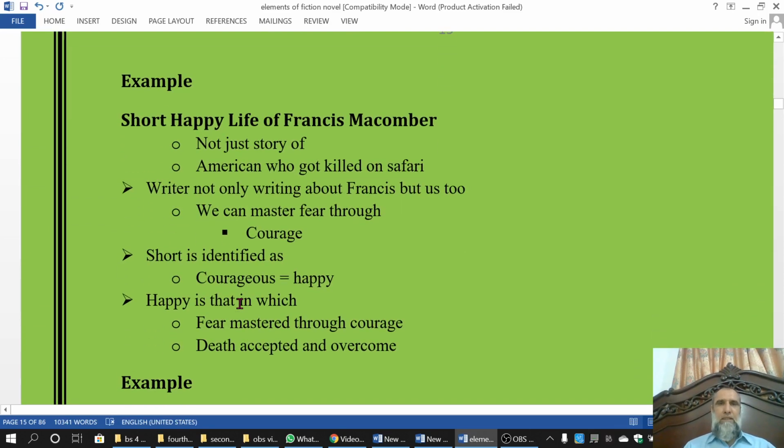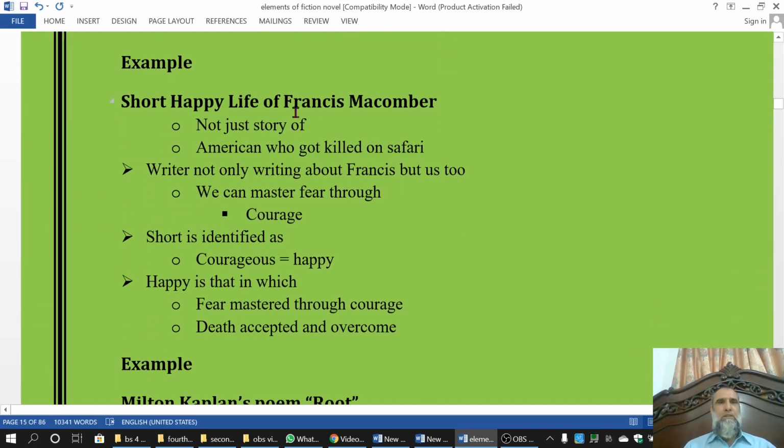And now we do the example. You already know about The Short Happy Life of Francis Macomber. This is the story of Francis Macomber, written by Hemingway. In the beginning, he's a round character, as you know. In the beginning, he was a coward. He went on safari with his wife Margaret, and their safari leader was Robert Wilson.